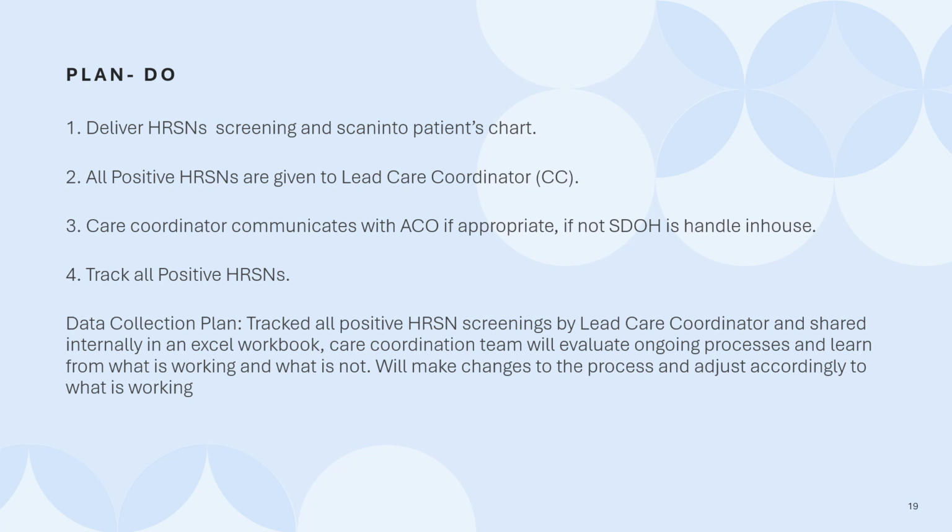In our plan, we made sure to deliver all those screenings and scan them to the patients' charts, and every positive one we give to our lead care coordination team. They will communicate with ACOs, and if not, we will handle them in-house, and then we do a tracking of all those positive screenings.